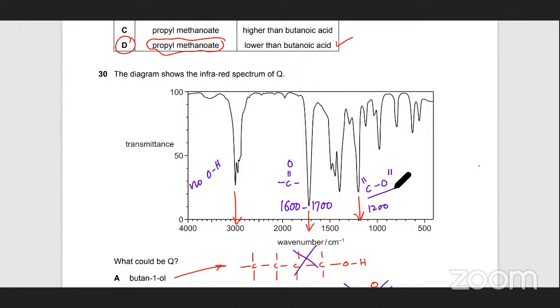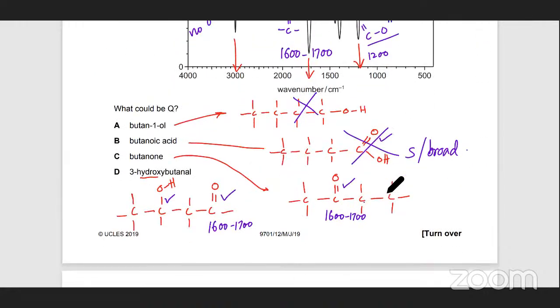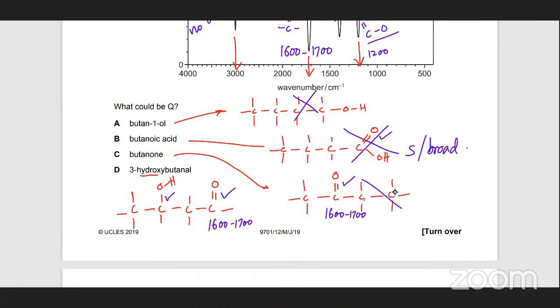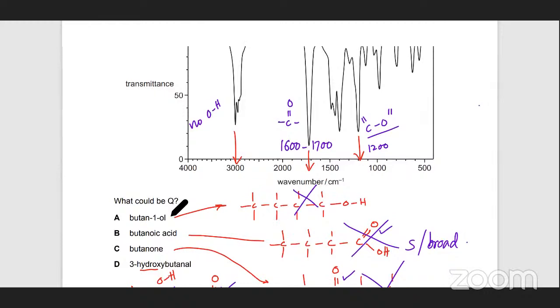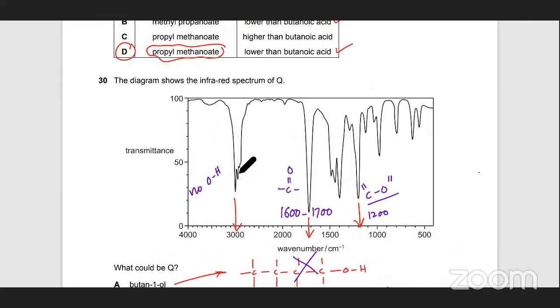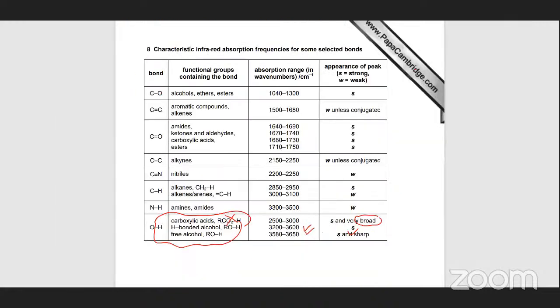Now, if there's going to be a C single O, then you would have to get rid of this one, because this one doesn't have a C single O. This one does have. So that would leave us with the OH confusion, because I had suggested that this was not OH. But the problem is that all the other peaks are matching except for the OH one. Now, the OH peak for an alcohol is around the 3200 to 3600 range.